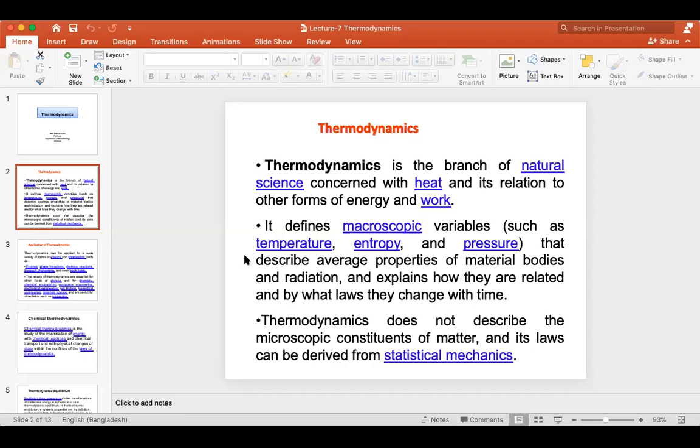But as you are master students, you can browse the net, and maybe some of the pages in different universities like MIT or even Khan Academy, you can find some videos on thermodynamics and get more insight about it.